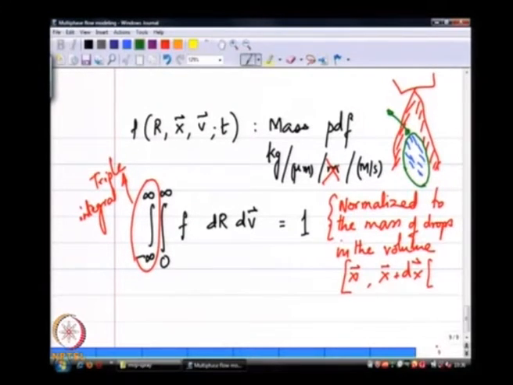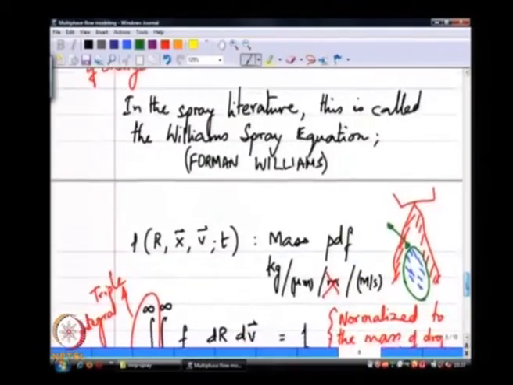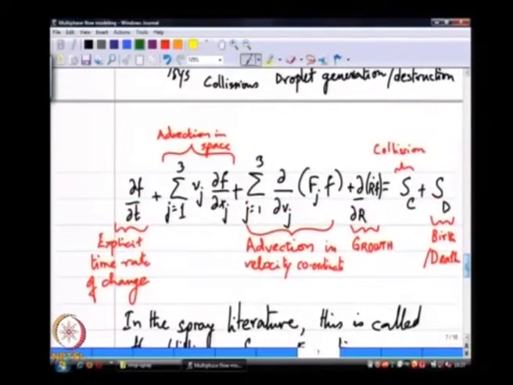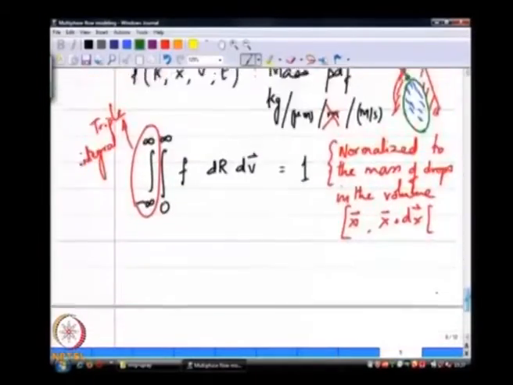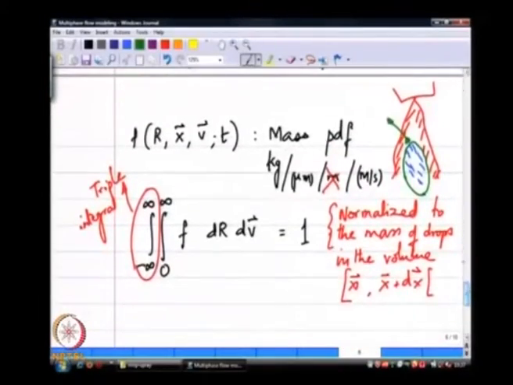If I took the mass concentrated at this point and want to see how this mass is distributed in the size and velocity coordinates, I can create a PDF and that PDF is given by this integral. So, this mass PDF is defined point wise.